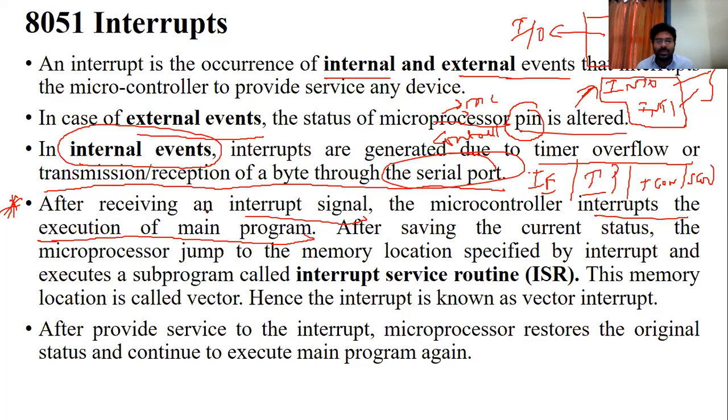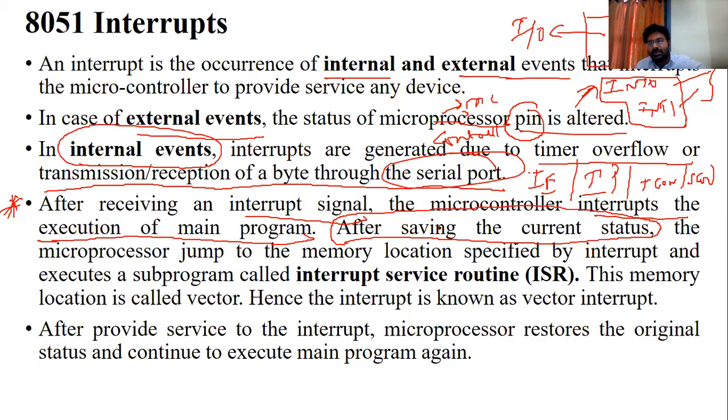So it can interrupt the current executing program. After saving the current status, because once the interrupt is executed, after the execution of that, it comes back to the normal position.